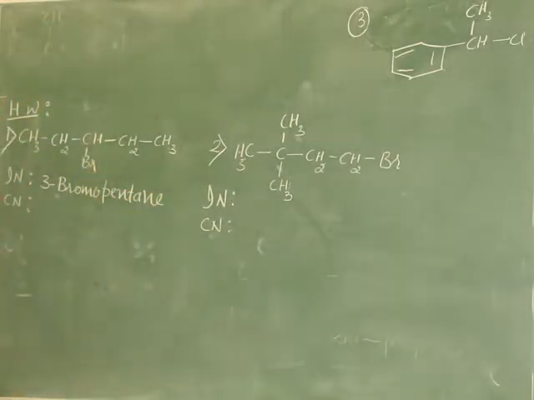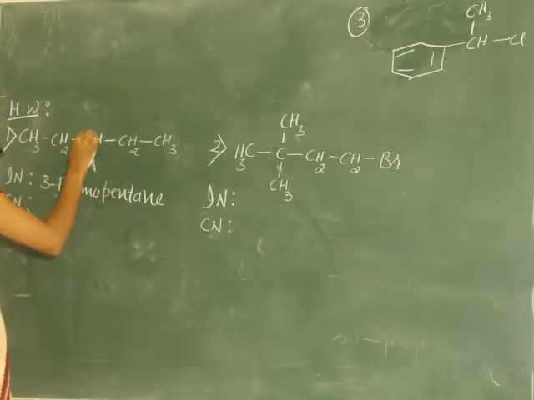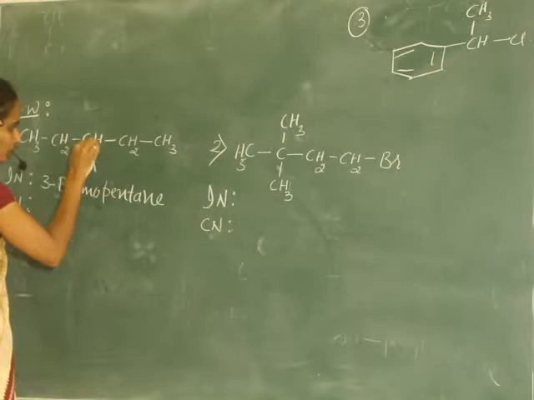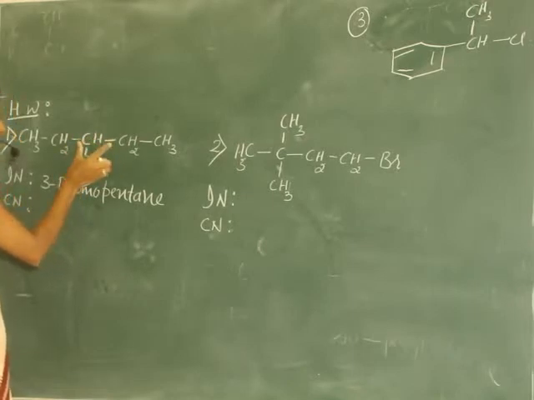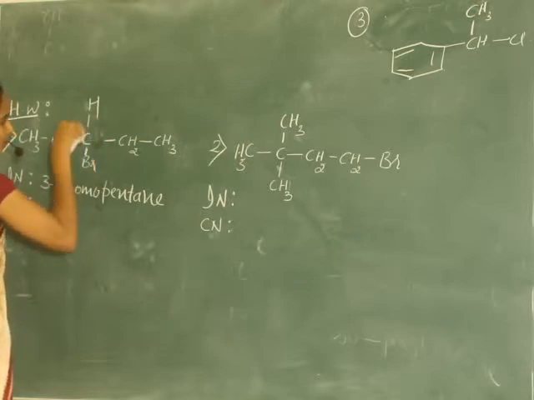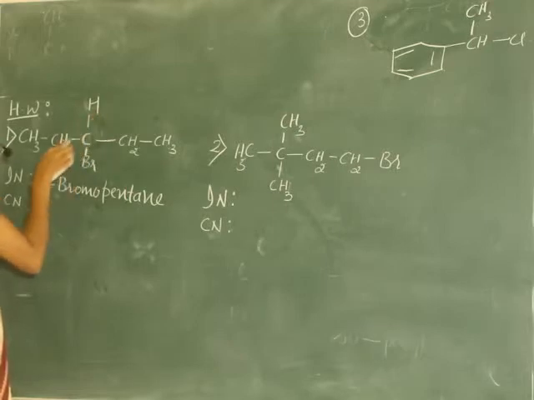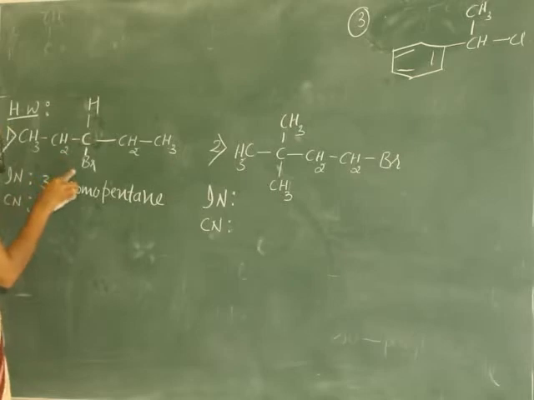Right? 3-bromopentane. Now, the common name. Here, you can see a straight chain, and to this carbon atom, one bromine is attached, one hydrogen is attached, and 2 carbon atoms are attached. Now, since to this carbon one hydrogen and 2 carbon atoms are attached, this compound is secondary.